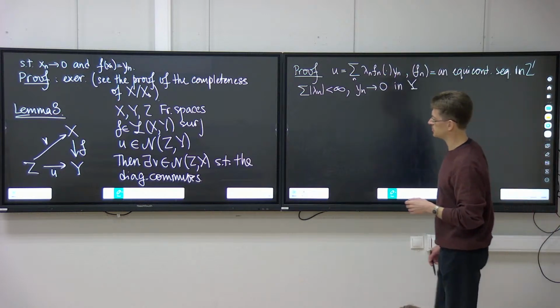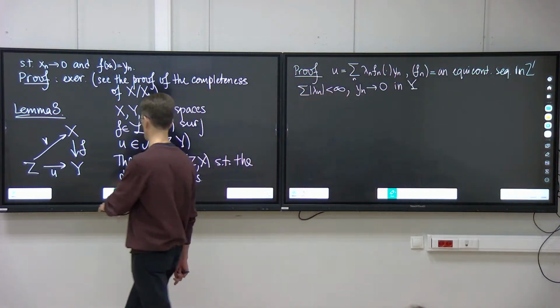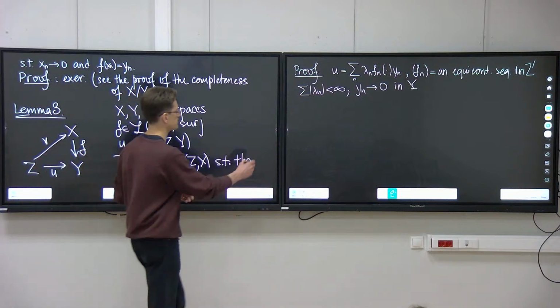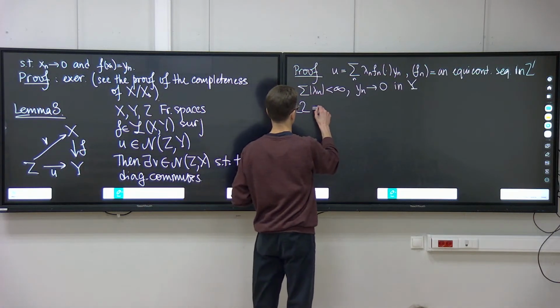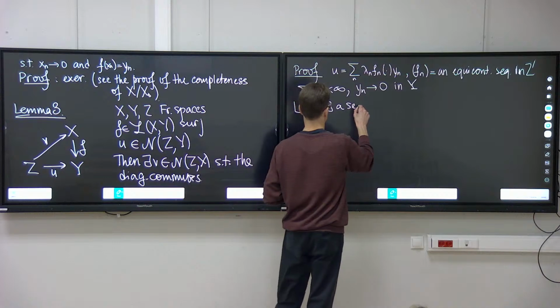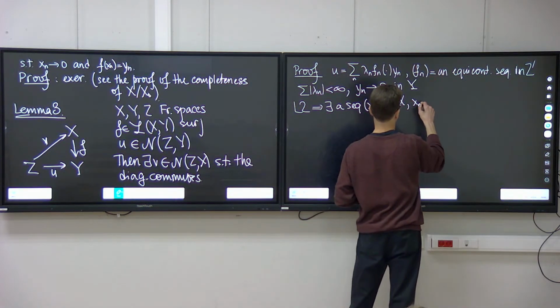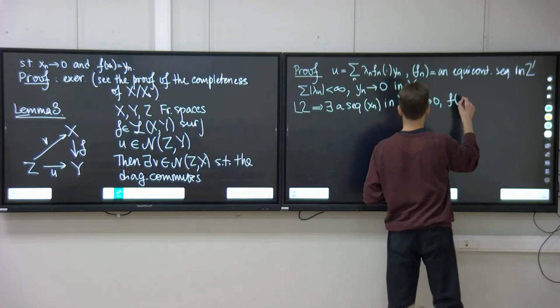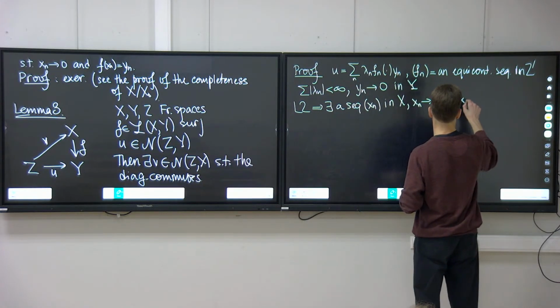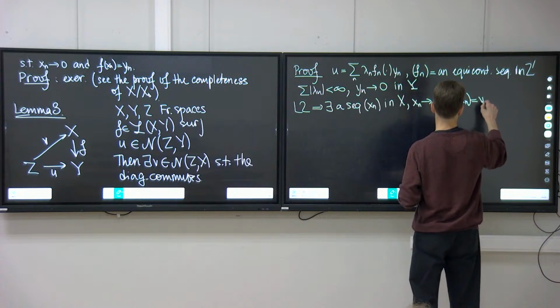And now we use Lemma 2. We lift our sequence y_n to X. By Lemma 2, there is a sequence x_n in X which converges to 0 and such that f of x_n equals y_n.